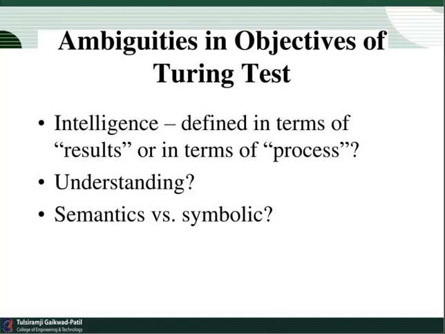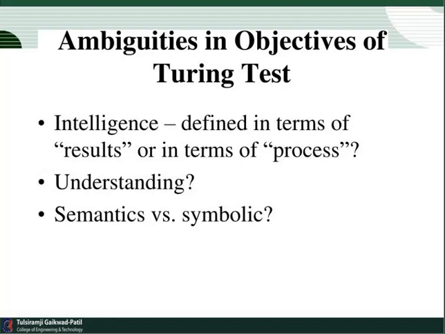Then the last one is regarding semantic versus symbolic. In the objective of the Turing test, we may use a variety of semantics or syntax, and we may use symbols also. Suppose a machine is giving good results in terms of semantics, and at the same time it is not giving a good output in terms of symbols, or vice versa.